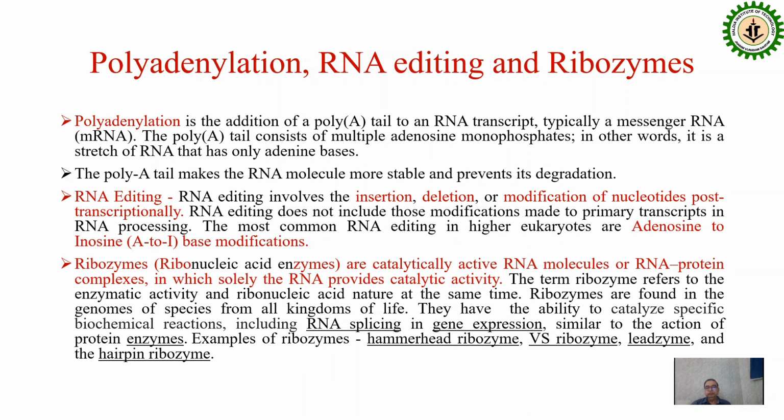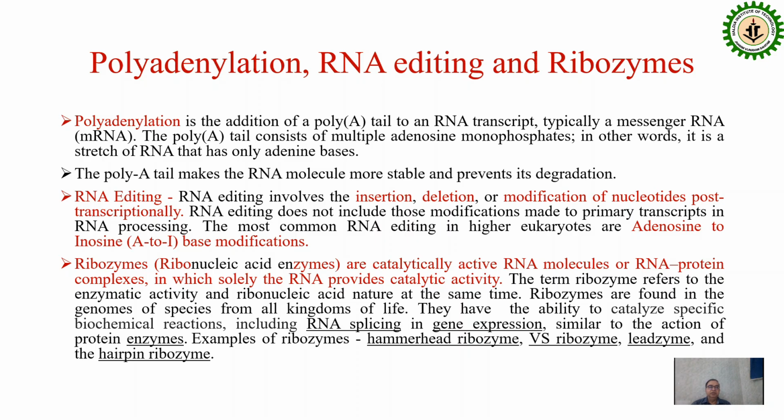Now coming to the last part, that is polyadenylation. Polyadenylation is the addition of a poly A tail to the RNA transcript. Typically in a messenger RNA, the poly A tail consists of multiple adenosine monophosphates.